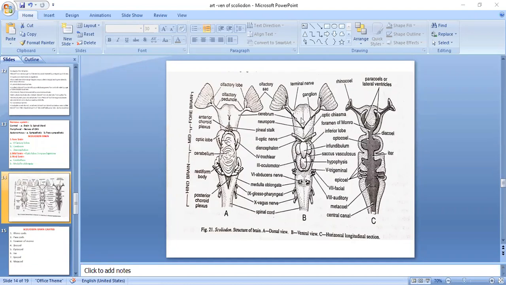Actually its name is the terminal nerve. It also supplies the olfactory sac, and the terminal nerves contain a ganglion also.